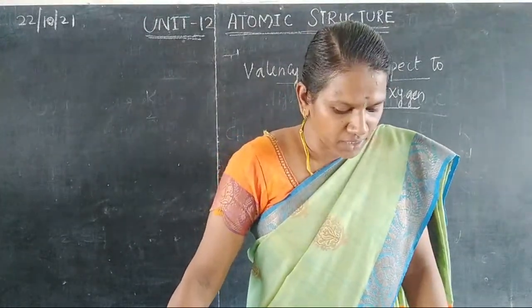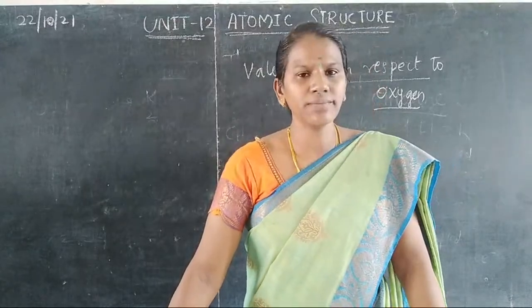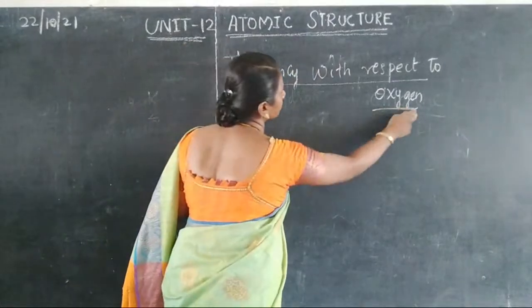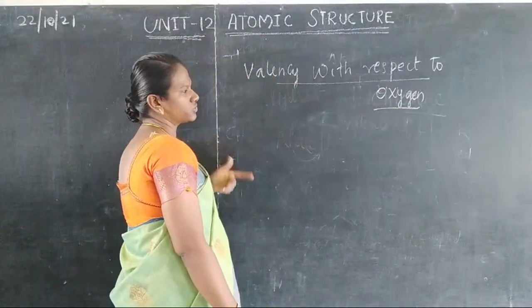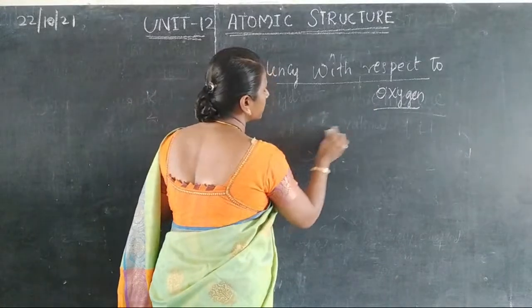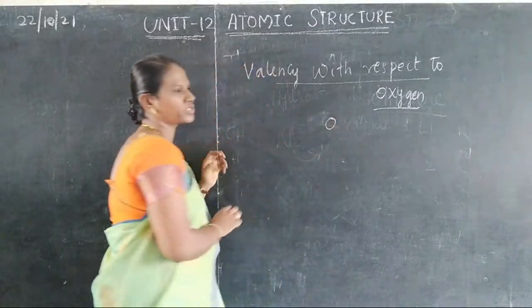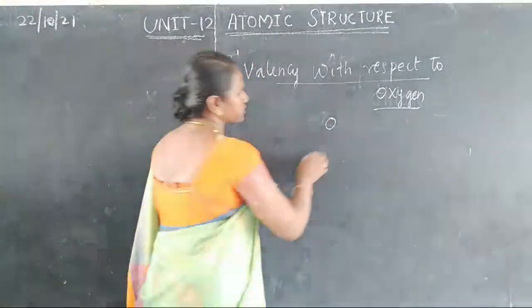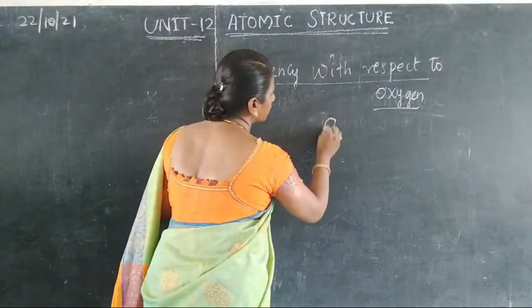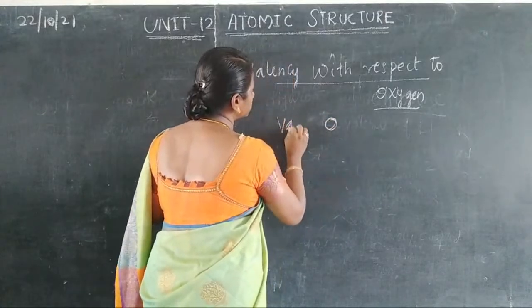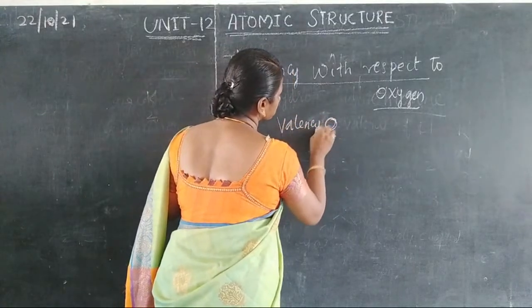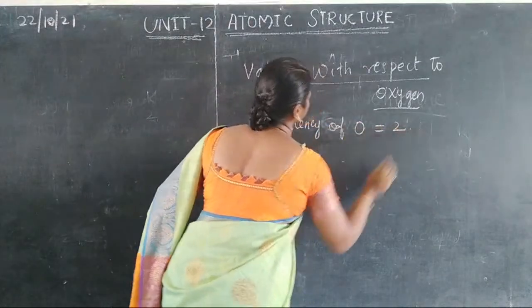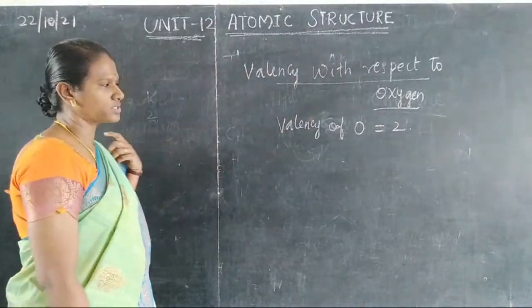For example, in magnesium oxide, the valency of magnesium is 2. We already know that the valency of oxygen is 2.